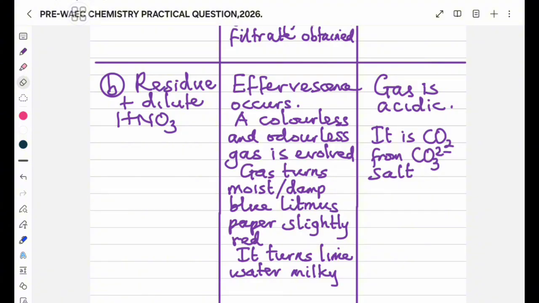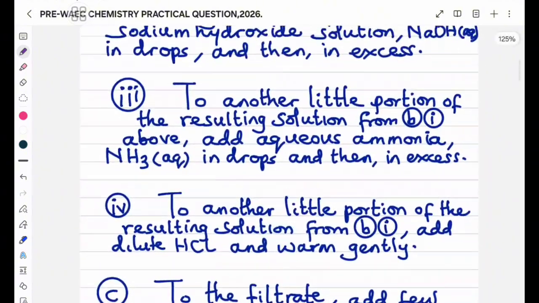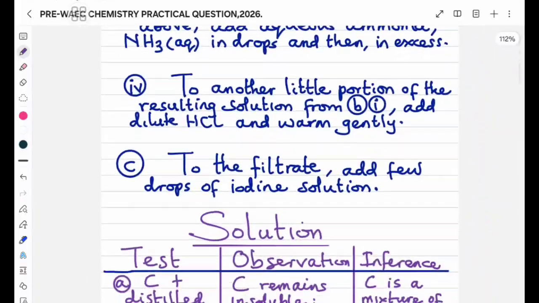Then that means we've been able to confirm the anion contained in that residue, and that is CO3 2- is present. The inorganic salt is a carbonate salt from the test and observation carried out. That is for test B one, the first test B one.